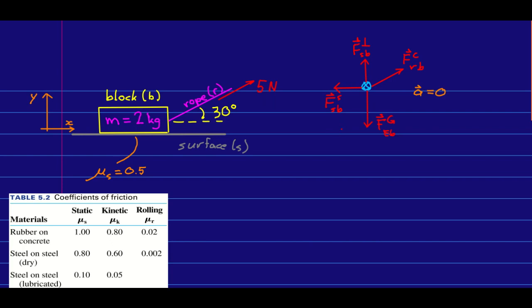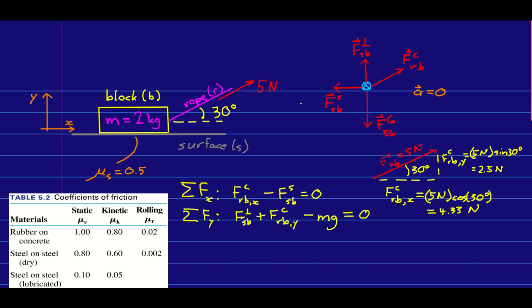So I am now going to write the equations of motion for this block. So I have written the equations of motion here, and here I have decomposed the force due to the rope. And notice, if we want to solve for that static friction, which is right here, it's the only unknown in this equation because we know this component of the force due to the rope.